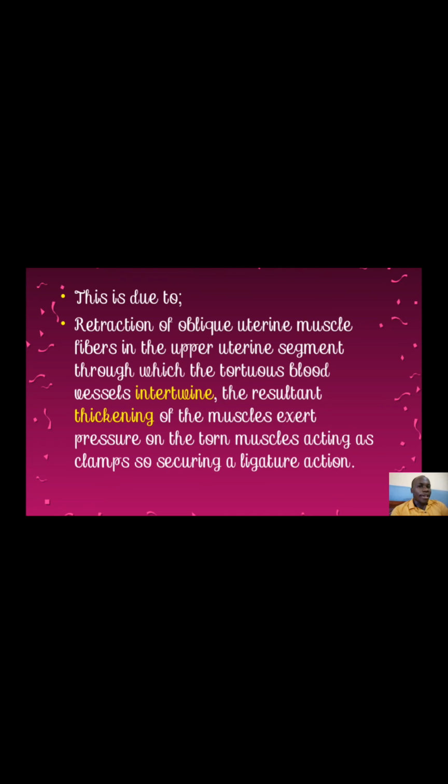Hii ni kwa sababu ya actions of oblique uterine muscle fibers. Pia itaenda contract. So inavyozidi contract kwenye upper uterine segment, itapelekea the tortuous blood vessels kuclose, kwa sababu the blood vessels also are made up of the muscles.